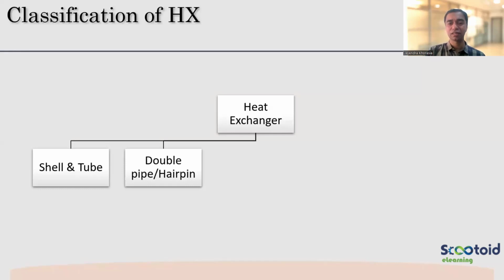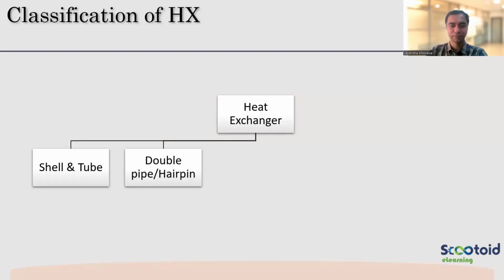Classifications of heat exchangers. Are you guys aware of any? Very nice, excellent. Plate type. Good. Pin tube. Plate type or gasket plate heat exchanger. Any other? Do you know any other names?